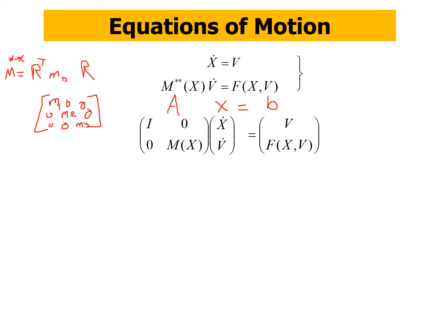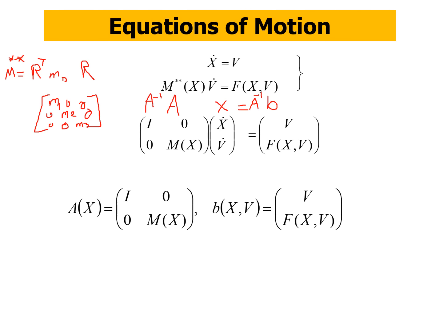The things we solve for are X dot, which is velocity, and V dot, that's acceleration. The easiest way is to multiply by A inverse on each side. A inverse multiplied by A is the identity matrix, so X equals A inverse multiplied by B. That's the easiest way to solve a system of equations written in matrix format.